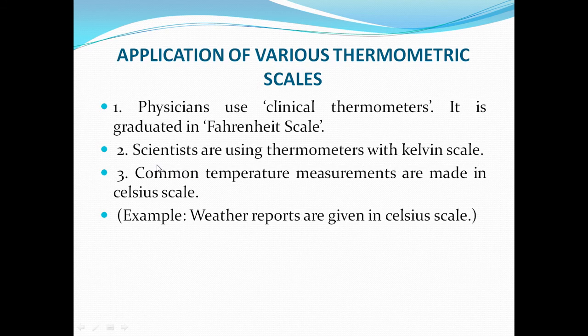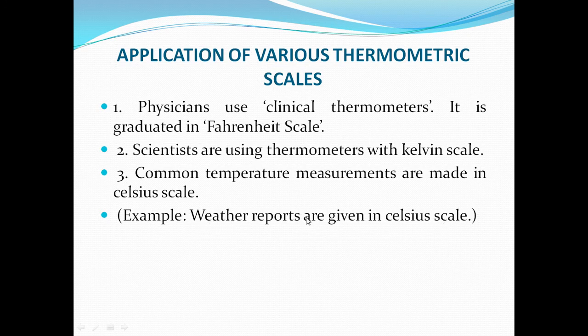The last topic is weather reports. Today's temperature, whether it is hot or cold, or whether there is rain or a storm, is all reported using the thermometer. So weather reports are given in the Celsius scale.